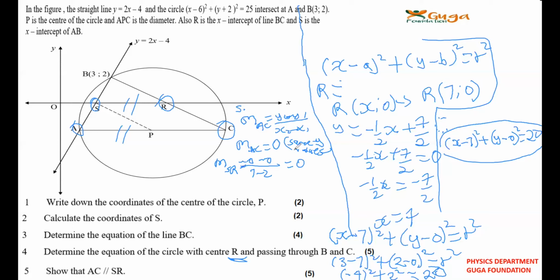So now the two gradients are the same. Therefore, M of AC is equal to M of SR. So it's proved. Okay, so we're done.